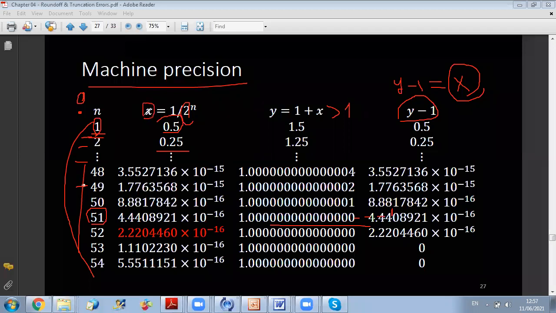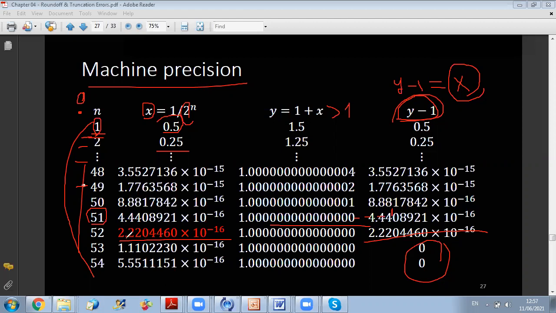If I'm working in the binary system, I have x equal to 1/2 to the power n, and I will try to see what number my computer will read. I will look at y minus 1. If I'm just reading the value of x, then my computer is still able to read the number of digits involved. If I get 0, then my machine cannot read any number below this point.